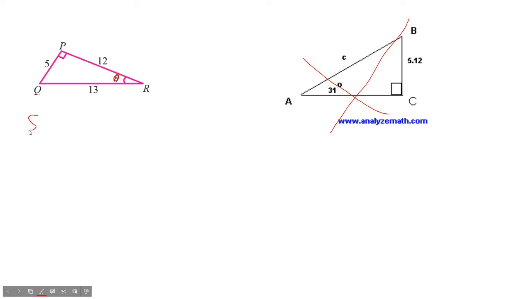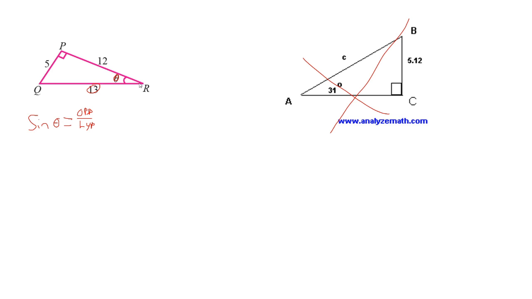So let's start with sine. Sine of theta is equal to opposite over hypotenuse. We can see the hypotenuse is equal to 13, since 13 is the largest side on this triangle.